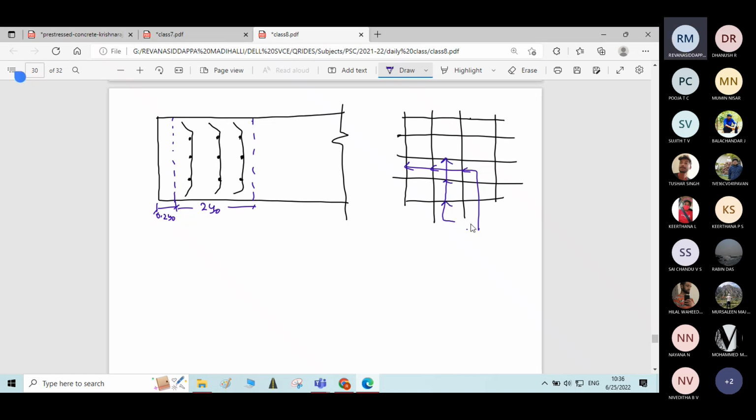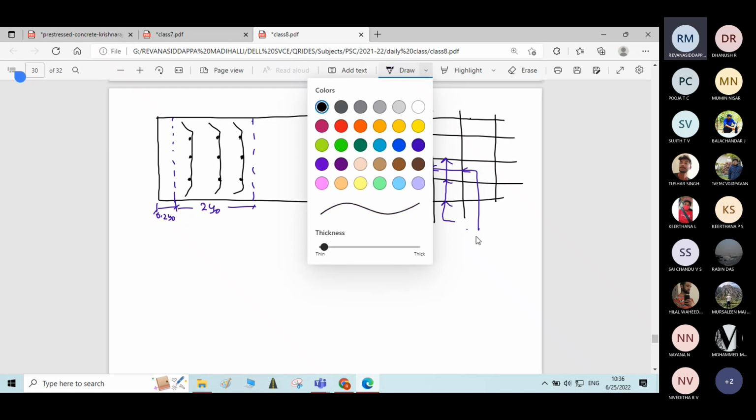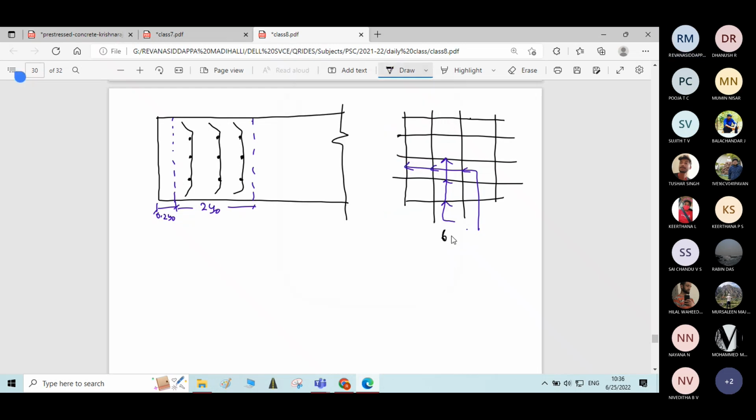How many numbers? 6 numbers, correct? 6 numbers of 6 mm dia in both directions.